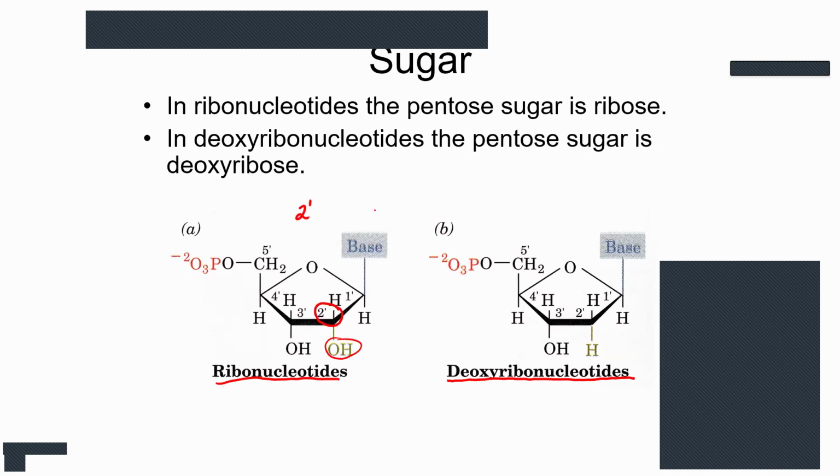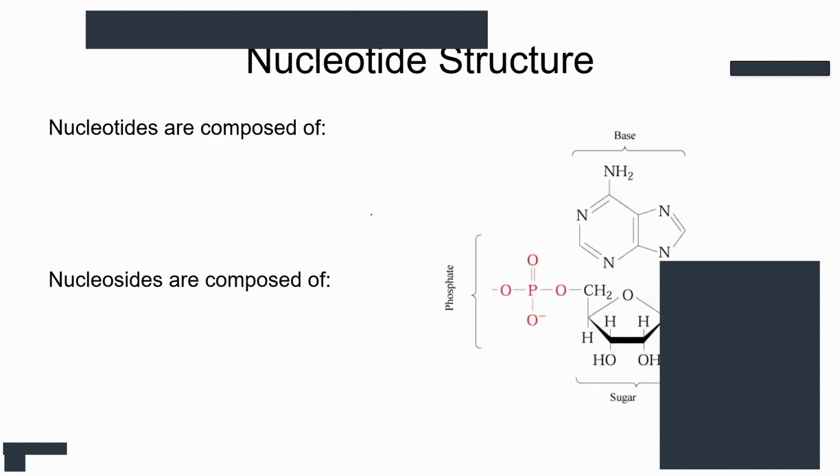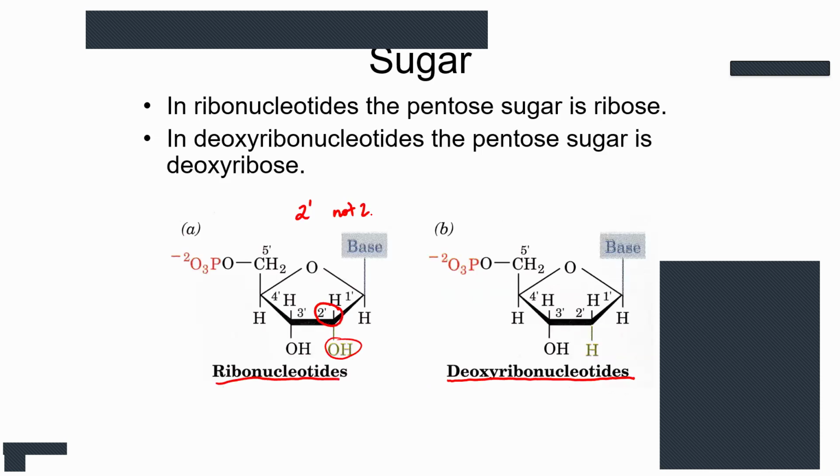This is important. It's at 2 prime, not 2. I'll get into the numbering in just a little while. But it is at the 2 prime position as opposed to number 2, so that 2 prime is significant.